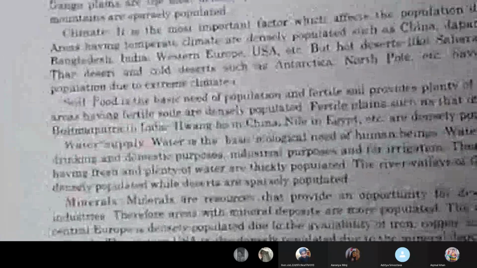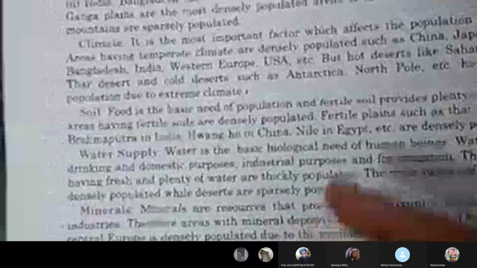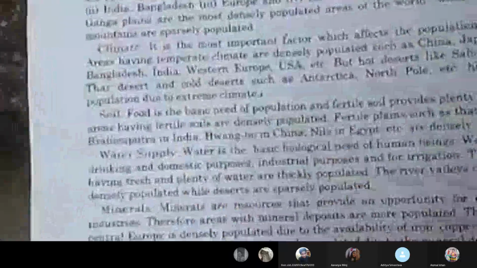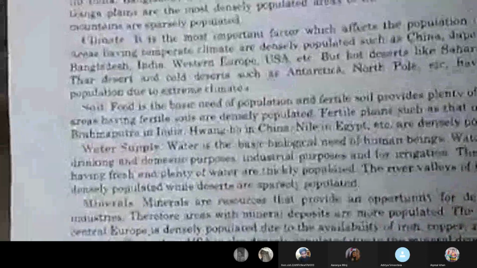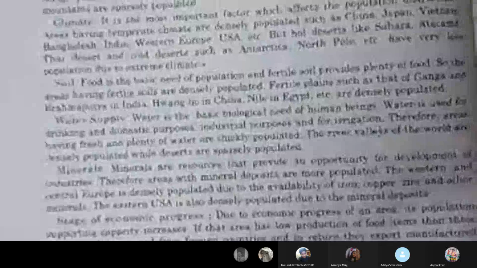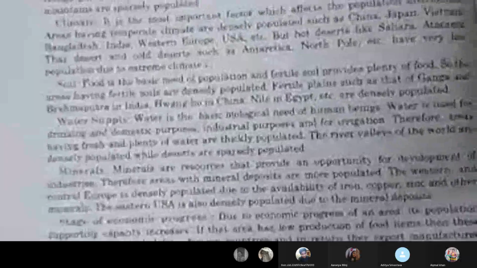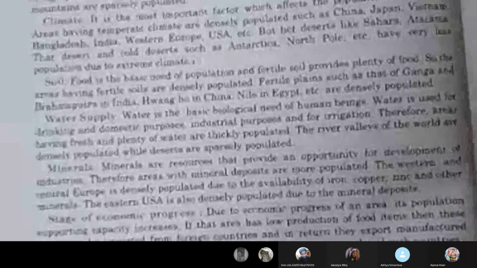Then we talk of water supply. Now, these points, you all know, are very easy. On these points depends the density of the population. Water is the basic biological need of human beings. You all know that water is used for drinking, for domestic purposes, for industrial purposes, and also for irrigation.